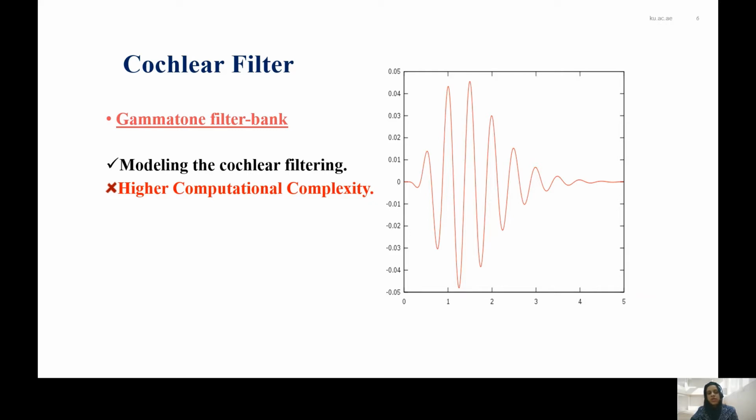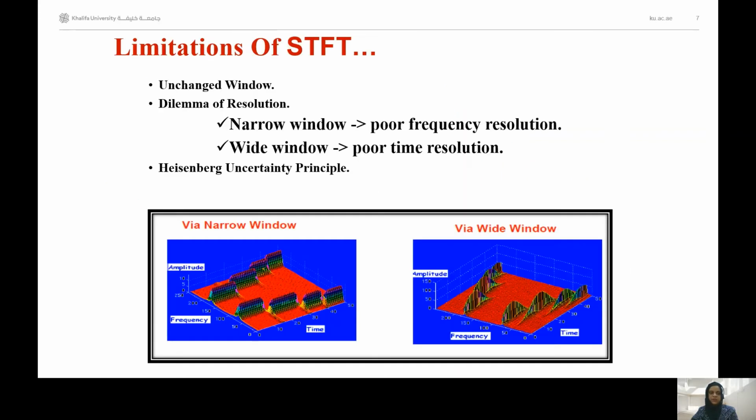The commonly used cochlear filter banks are the Gammatone filter bank and the short-time Fourier transform filter bank. The Gammatone filter bank models the cochlear filter in an effective way. However, it consists of around 128 Gammatone filters, which imposes higher computational complexity on the filter bank and the segregation system, hence it is not suitable for real-time applications. The second one is the short-time Fourier transform cochlear filter bank.